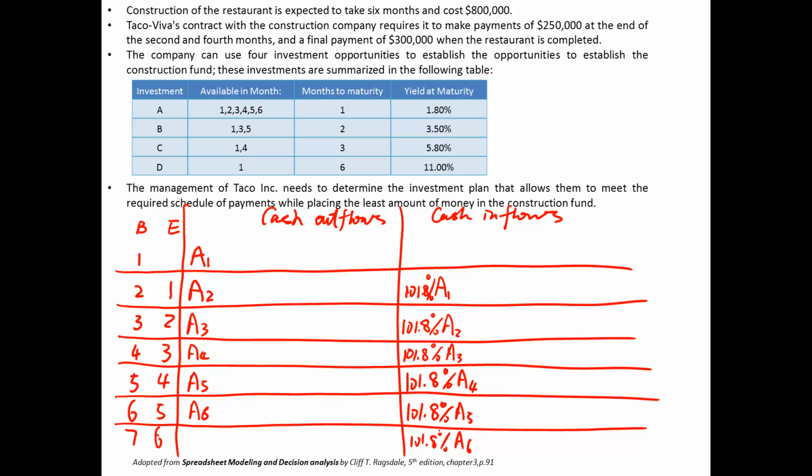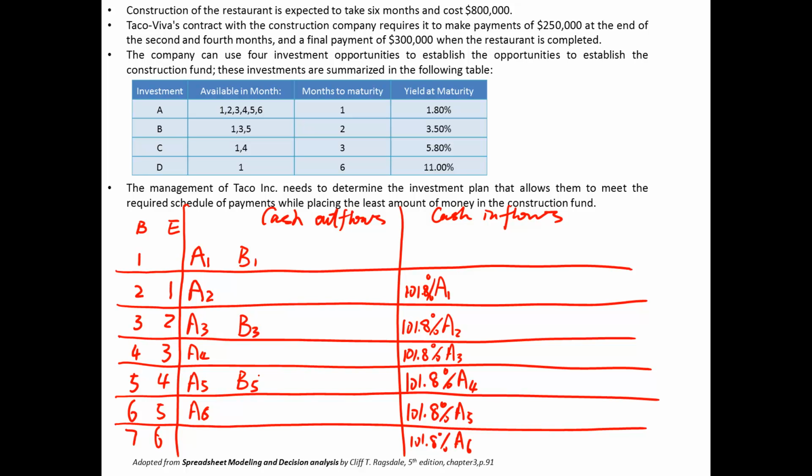Same. So B is available in months 1, 3, and 5. So we can have B1, B3, and B5. Okay, that's when we can invest.